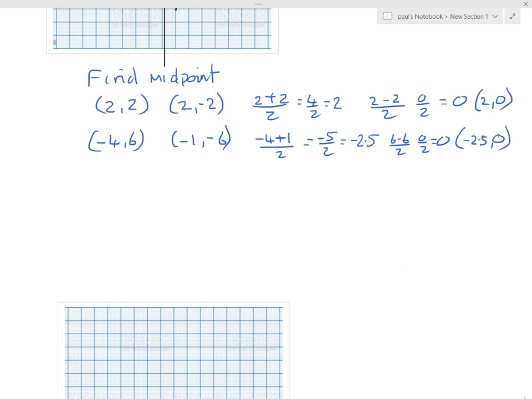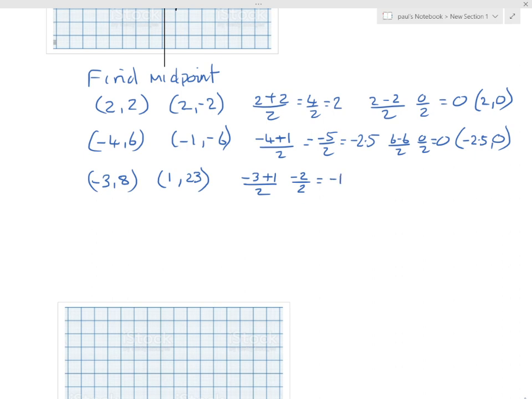Okay, I've got 4 of these, so minus 3 and 8 and 1 and 23. So the x's, minus 3 plus 1 over 2, which is minus 2 over 2, which equals minus 1.